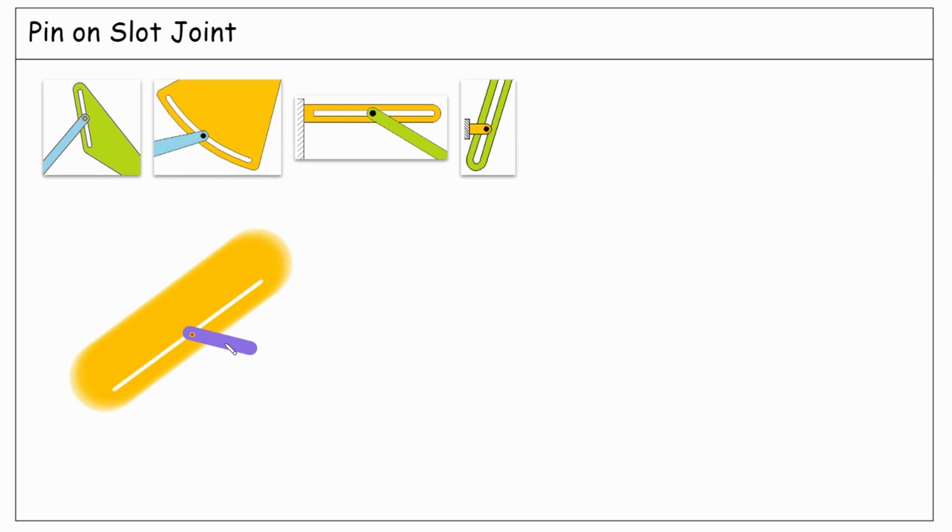Among the three relative motions between the two bodies, the rotation is allowed, the translation along the slot is also allowed, but the translation perpendicular to the slot is not allowed. Therefore, this type of joint takes only 1 degree of freedom and permits the 2 other degrees.